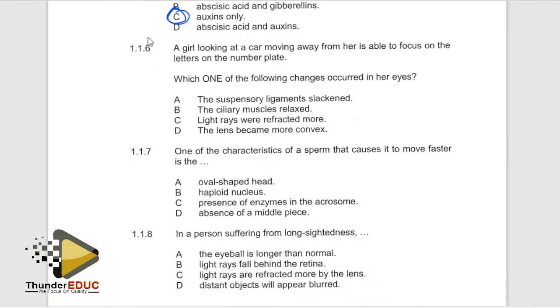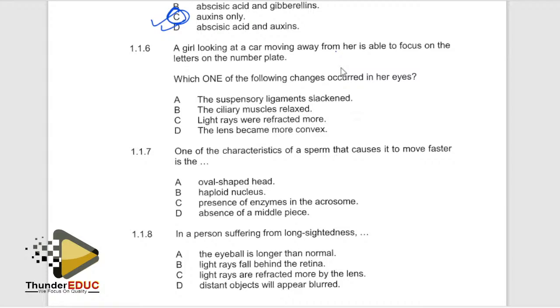Then they're saying the most correct answer. 1.1.6, a girl is looking at the car away from her, is able to focus on the letter. I told you yesterday that when they say from 2, you look at what is 2.